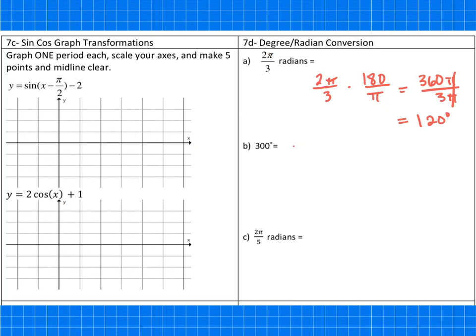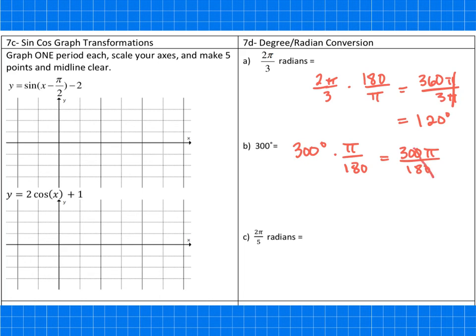The opposite direction, if I've got 300 degrees, I'm going to multiply that by pi over 180. So I've got 300 pi over 180, and I need to reduce 300 over 180.